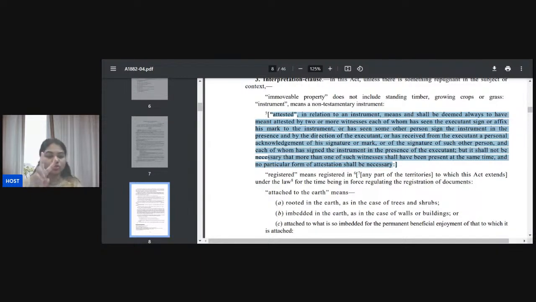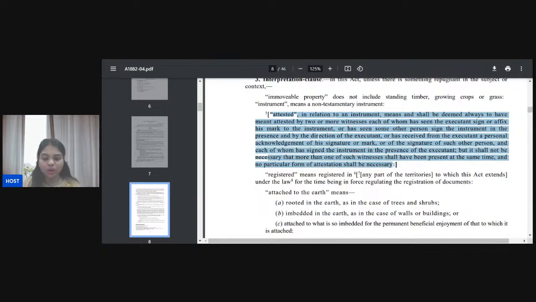So the object is twofold: to determine that the property was transferred with free consent, with no fraud, no undue influence, and it is also confirming that the executant only executed the document and no one else. So this is our object of attestation. Here we bring witnesses and they attest the document. So the witnesses are known as attesting witnesses, right?